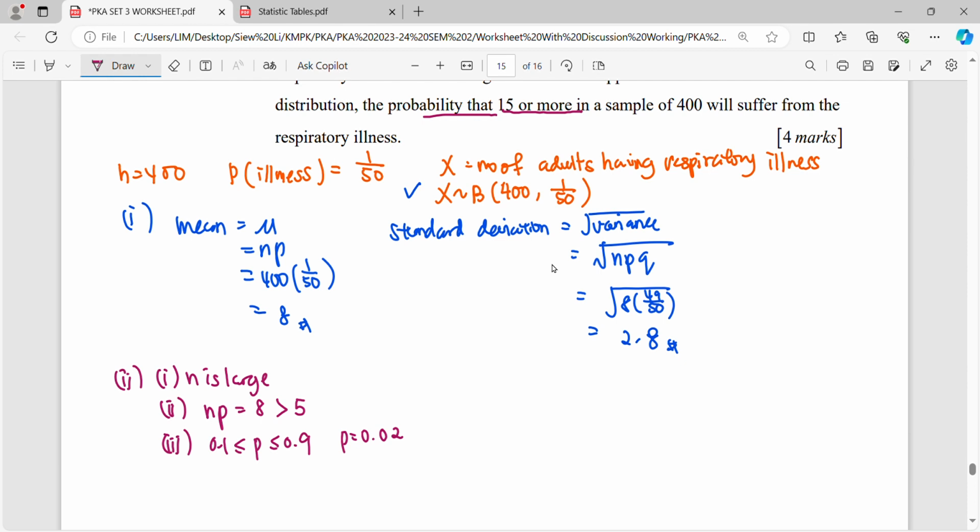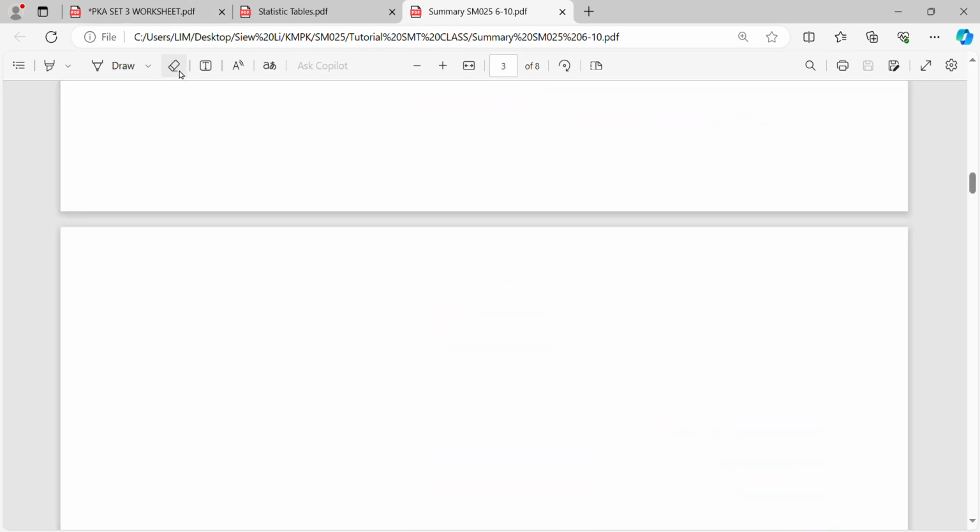This question supposedly should change to Poisson, and then from Poisson, maybe you need to change to normal. So this question is a bit out of your syllabus, so you just ignore it.